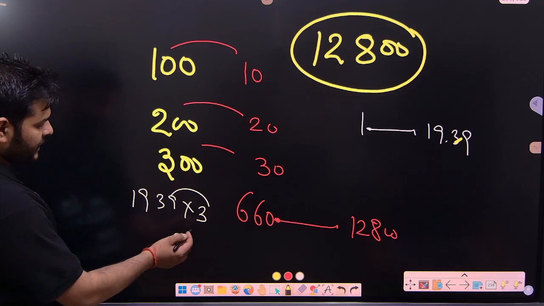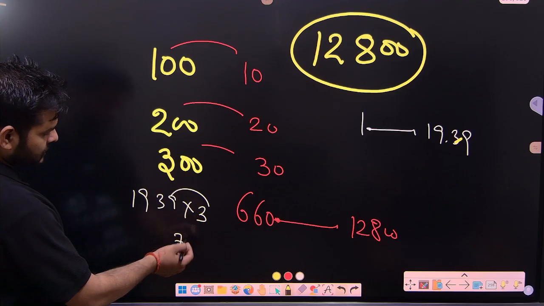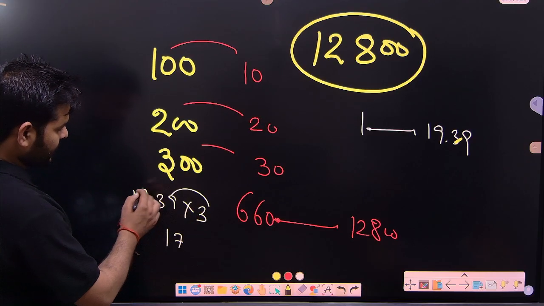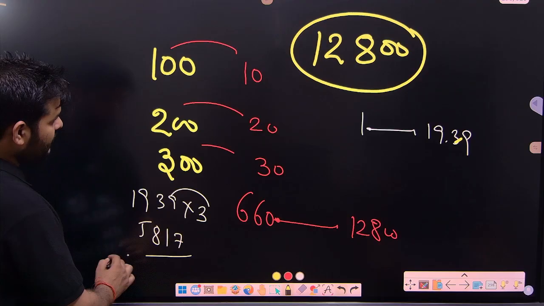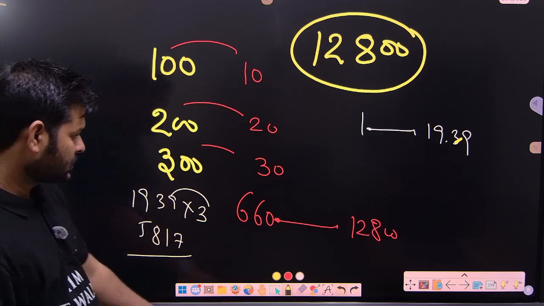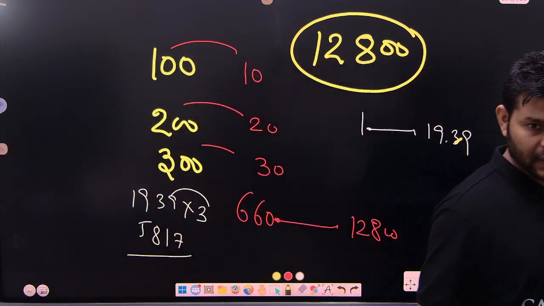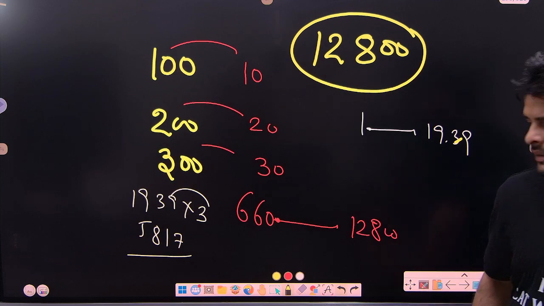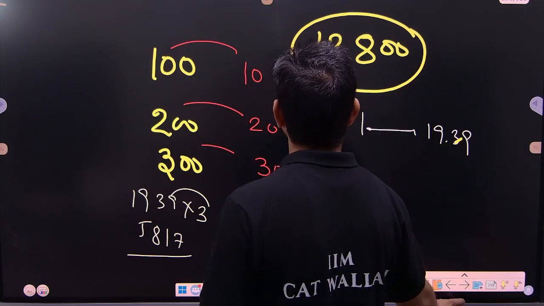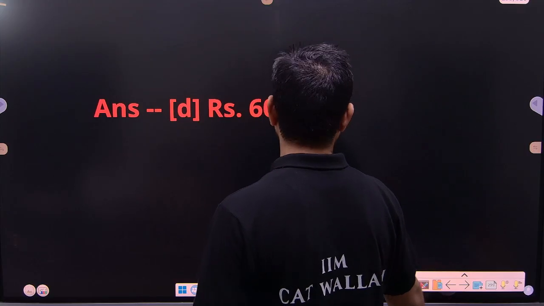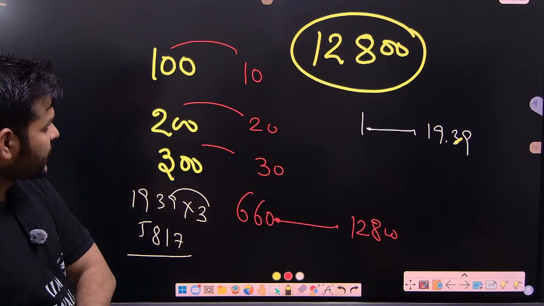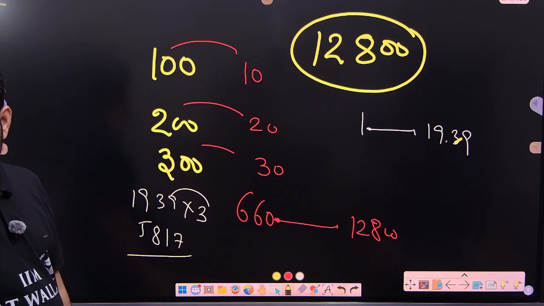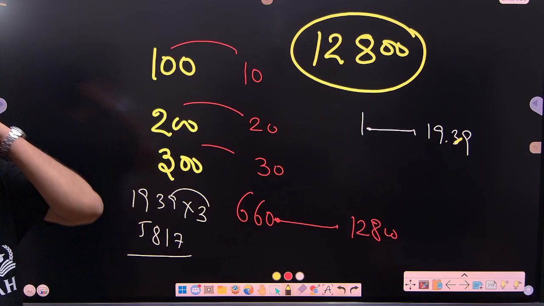Directly we need to multiply by 3. 2, 11, carry 1, 8, 2, 5, 8, 1. Is that the answer or not? Answer 6,000. Let me check. I think first you need to check whether this calculation is good or not. Clear?